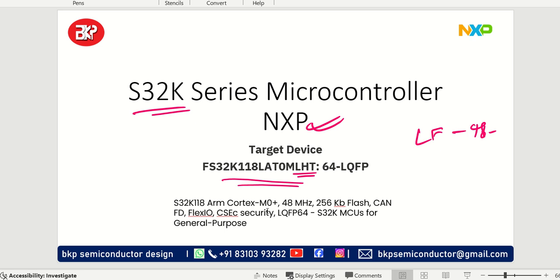It is Cortex M0 plus, 48 megahertz, 256 kilobytes of flash. It is having CAN FD, FlexIO. FlexIO helps you to map your UART signal or SPI signal to any pins that you want, because a corresponding pin may not be applicable, and it is having CSEC security and all those things.